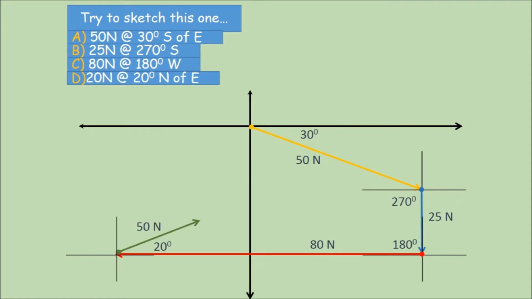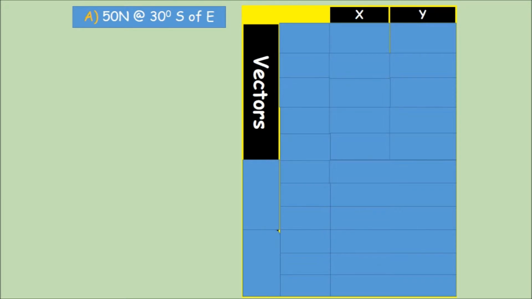Remember, you're using scales and a protractor in order to get this. Notice I go from tail at the origin to head, and that was my vector. You may want to rewind that to see.